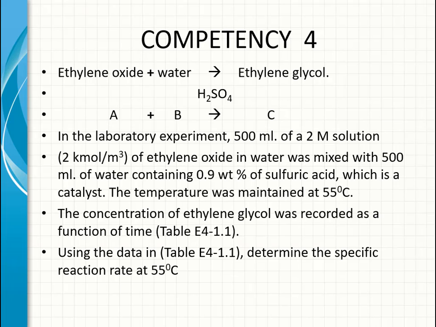The temperature was maintained at 55 degrees centigrade. The concentration of ethylene glycol was recorded as a function of time. See table E4-1.1. Using the data in this table, determine the specific reaction rate at 55 degrees centigrade.